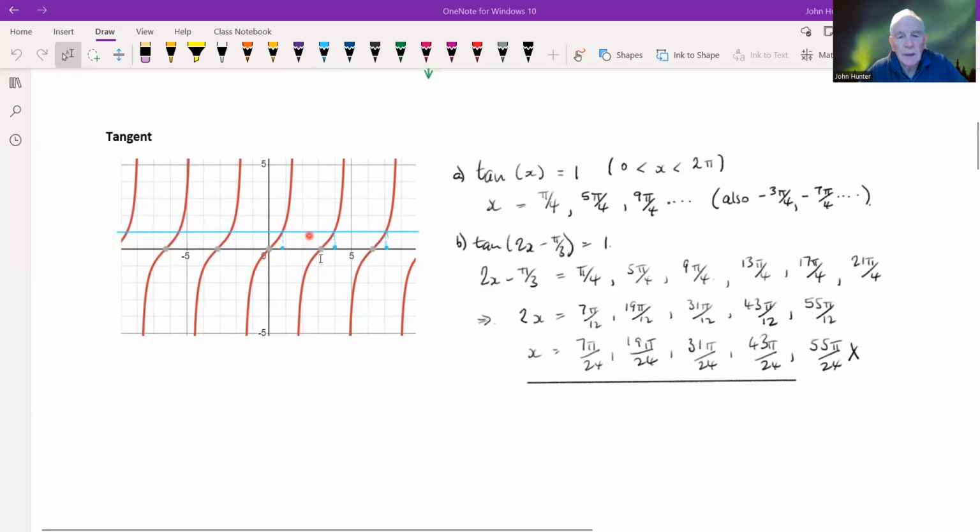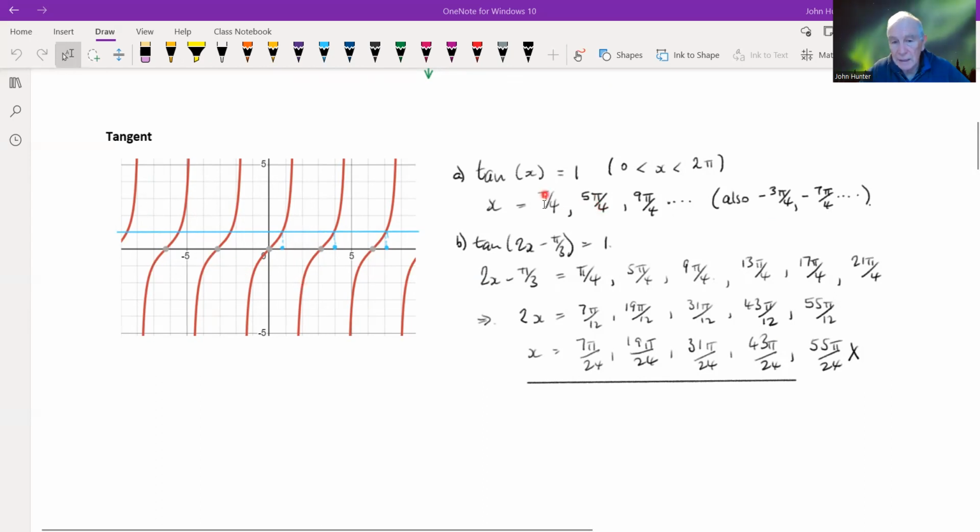But with these problems, we tend to just be adding pi on or subtracting pi in order to identify the other solutions. So if we have an equation like tan x equals 1, and we're looking between 0 and 2 pi, then our primary solution would be pi by 4, 45 degrees in old money, and then they're going to repeat every pi.